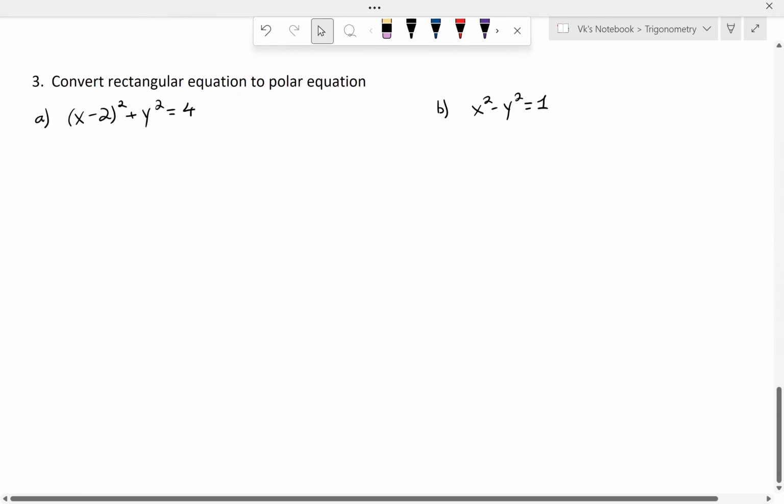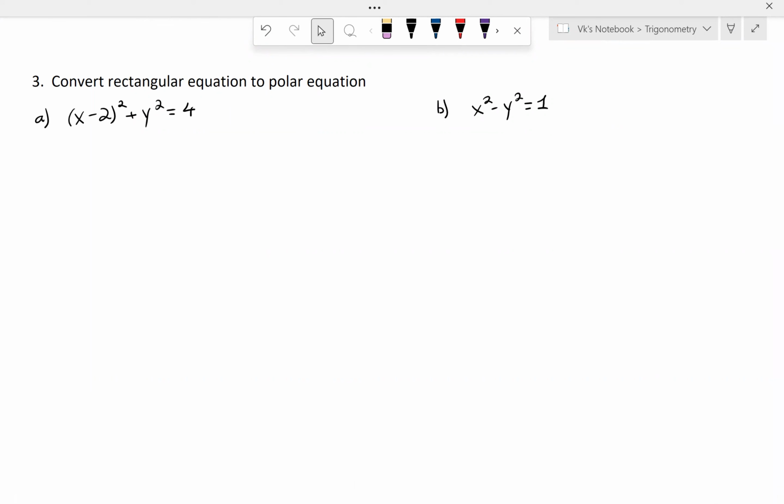3. Convert rectangular equation to polar equation. A. x minus 2 squared plus y squared equals 4. To do the conversion, first thing that we have to do is FOIL out the x minus 2 squared.